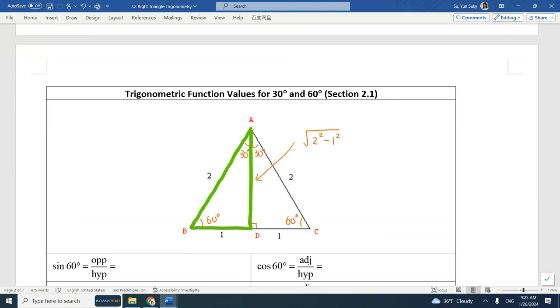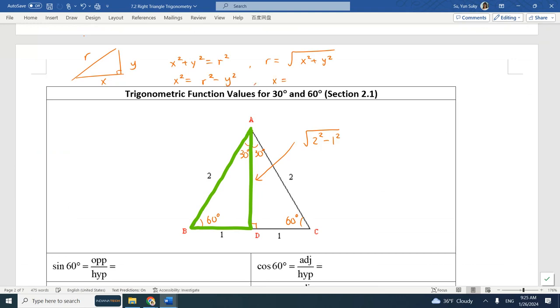Because by the Pythagorean theorem, if you have x, y, and r, x squared plus y squared is r squared, right? So to find r, your r is the square root of x squared plus y squared. But if you want to find x, your x squared is r squared minus y squared.